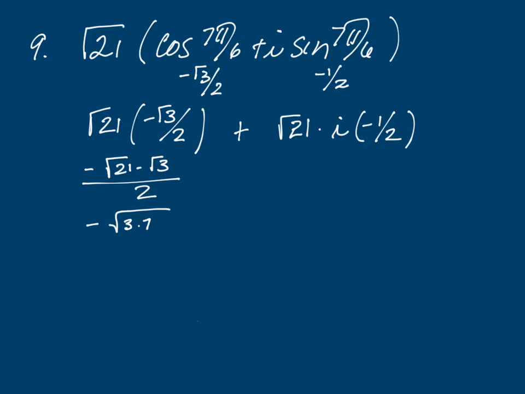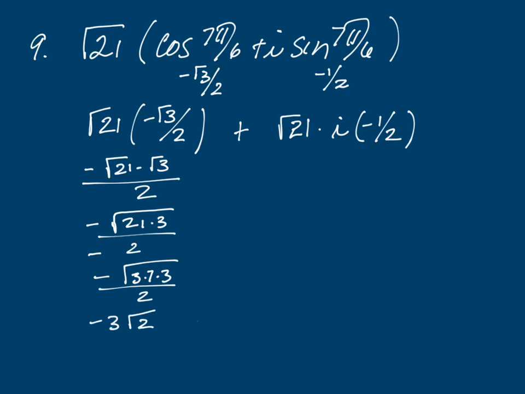I'm just trying to show you, and maybe in pre-cal you don't need this, but I like to make sure you do it this way. It would be 21 times 3 under there, over 2. And then negative square root of 3 times 7 times 3. So guess what? I can pull out a 3. So negative 3 square root of 7 over 2 would be my first number.